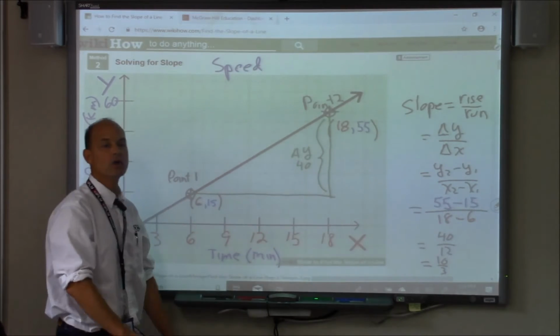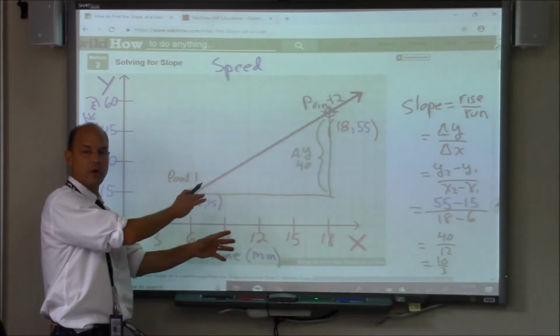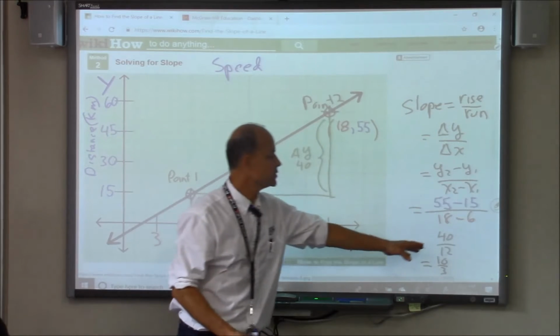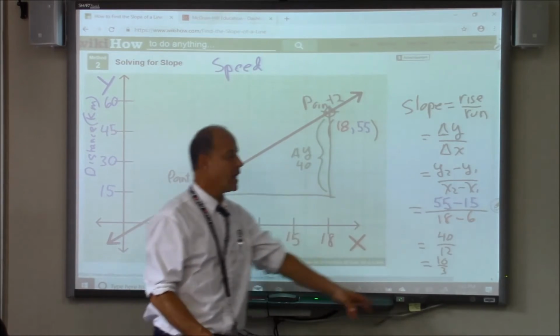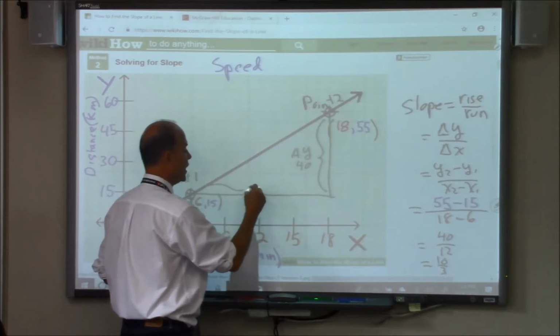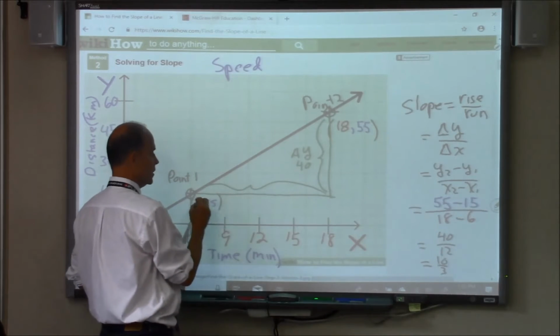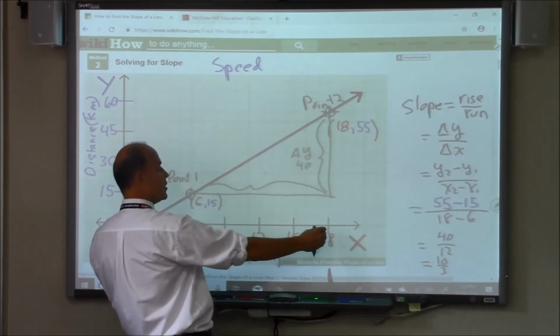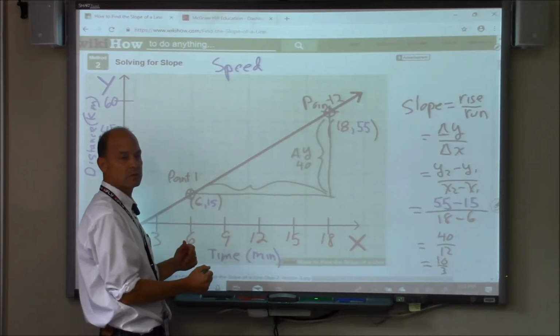Again, I'm just telling you, we're doing this mathematically, where before we were just doing it visually and counting blocks. So your next question is, well, if you don't know where the 40 came from, how do you know where the 12 came from? The 12 is the difference in x, right? So the 12 is the difference between, hey, I'm at 18 now, I started at 6, and the difference is 12.